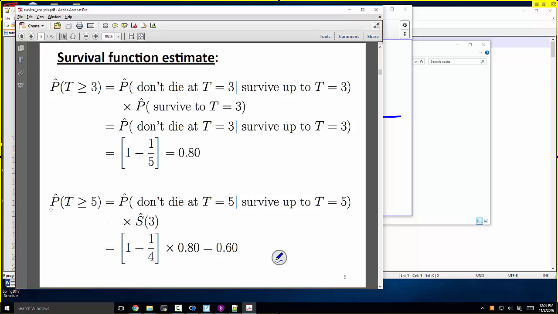So the Kaplan-Meier estimate of the survival probability at time 5 is 3/4 times the previous survival probability, 3/4 times 0.8, or 0.6. Everywhere there's an observed event, an observed death, the survival probability is going to drop. There will be a step at every single place where there was a death.